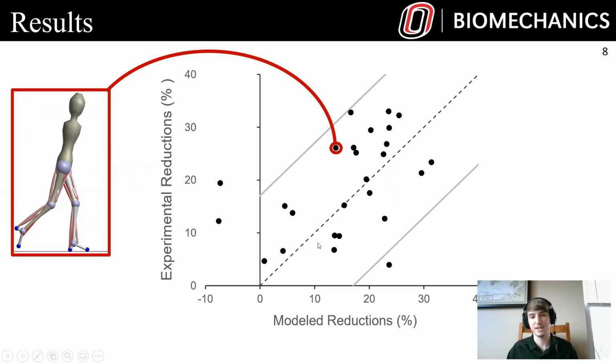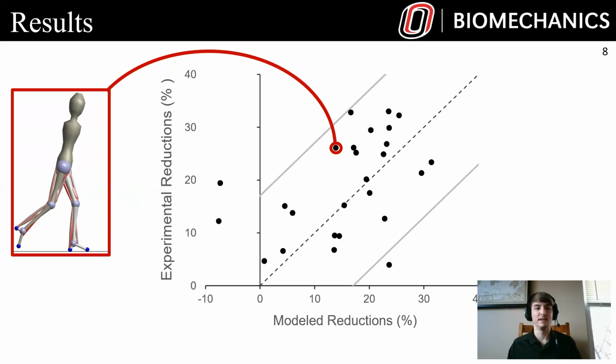What you see is a dashed line, which represents a perfect correlation between the tether condition reduction in metabolic rate of our model compared to the experimental reduction in metabolic rate. As you can see, it's not perfect, but these gray lines indicate the standard deviation of our actual experimental collection. So we're well within a single standard deviation for the majority of our simulated data for metabolic rate.